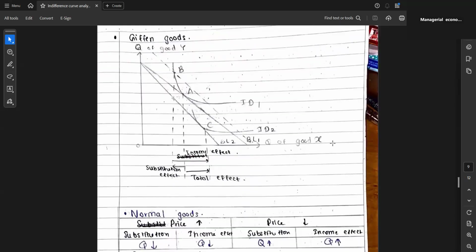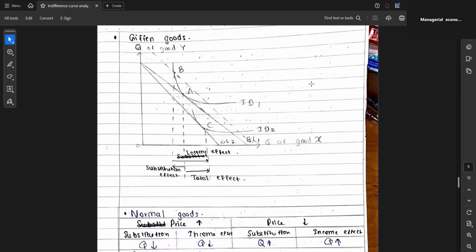So in Giffen goods, the substitution effect agrees with the law of demand. However, the income effect is higher, and the income effect goes against the law of demand. So that's why in Giffen goods, when the price increases, the quantity increases.